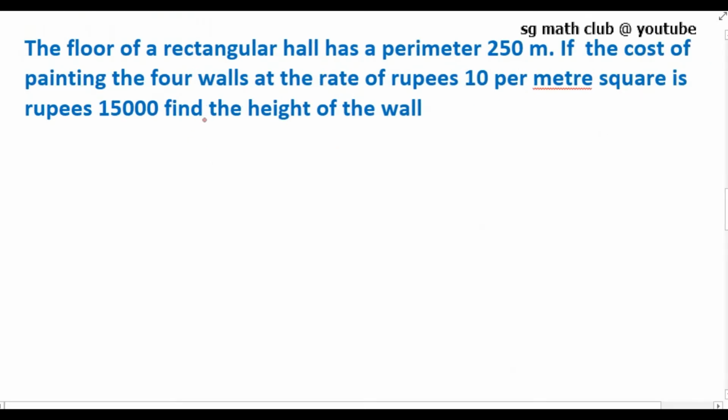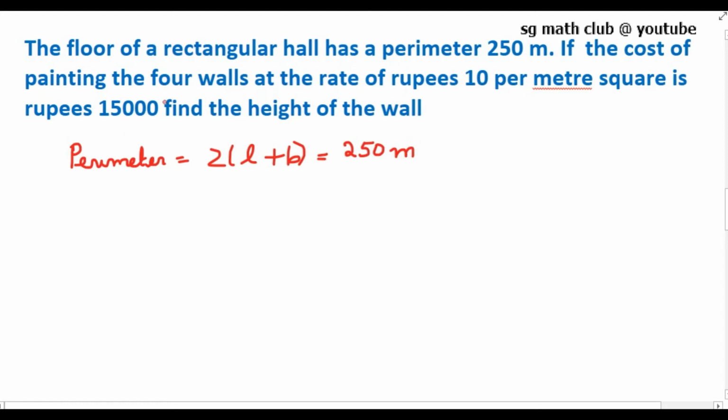Now the second question is, the floor of a rectangular hall has a perimeter 250 meter. We know the perimeter of a rectangle formula, it is 2 into (L plus B). So that is given as 250 meter.